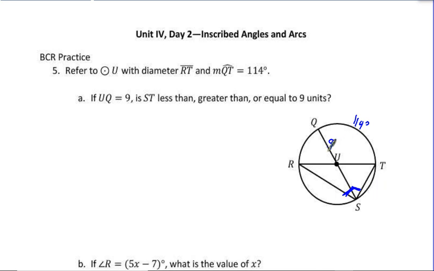Well, since this is a radius, RU is 9 units, UT is 9 units, and segment US is 9 units. So all of the radii have the same measure, making SUT an isosceles triangle. And since these sides are the same, these angles are the same.